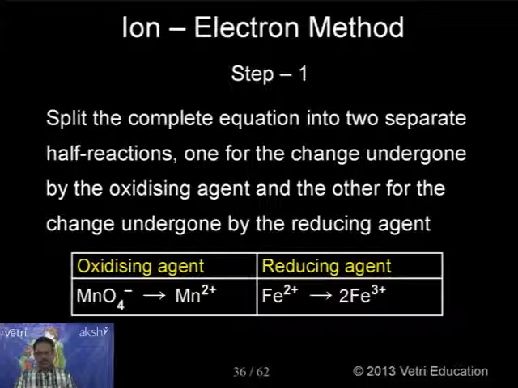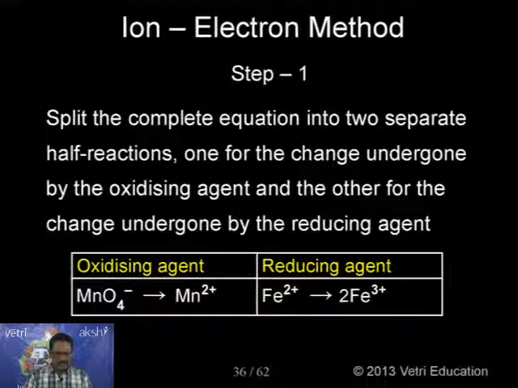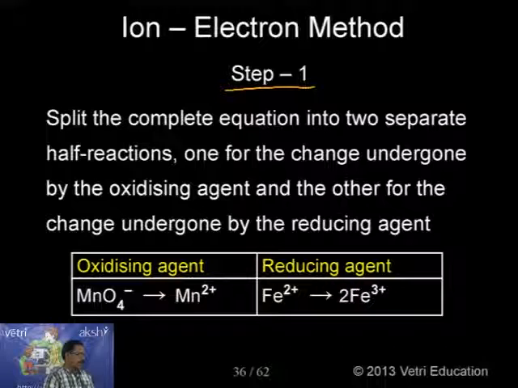So we have to follow certain steps. There are approximately 5 steps we have to follow to balance by the ion-electron method. Step 1. Step 1 is the most important. Let me read now, I will explain.